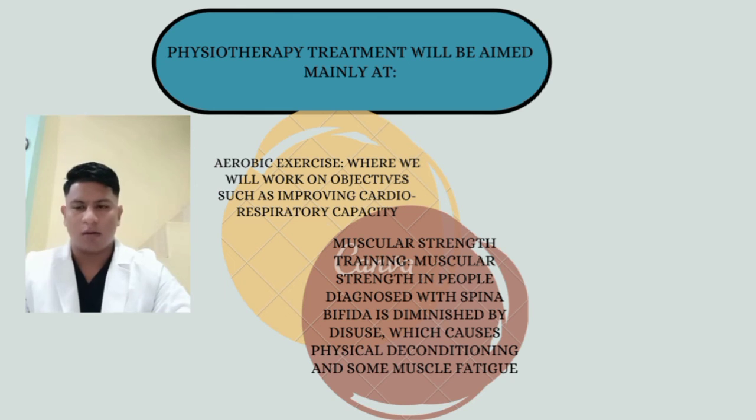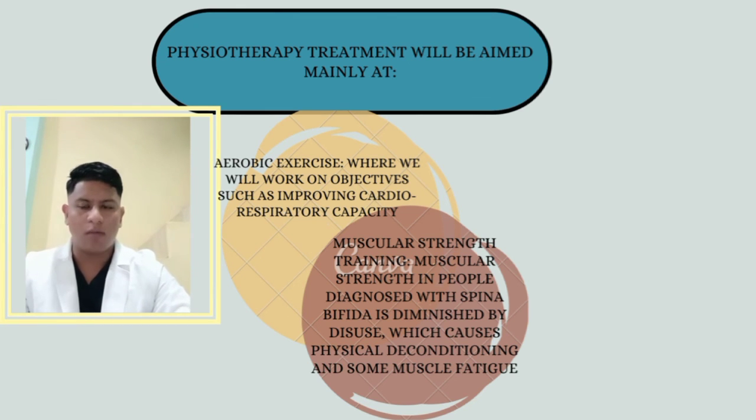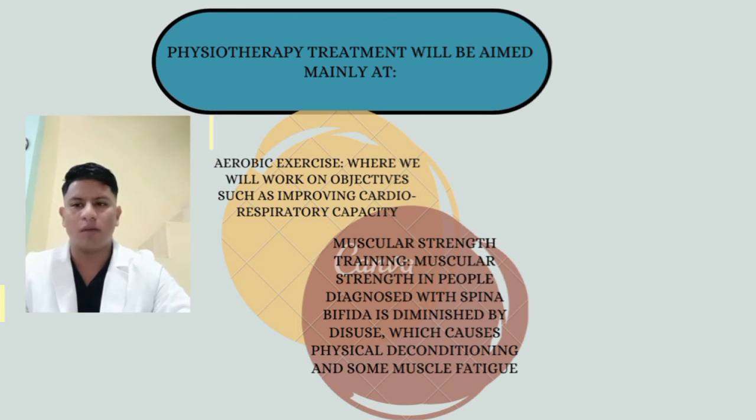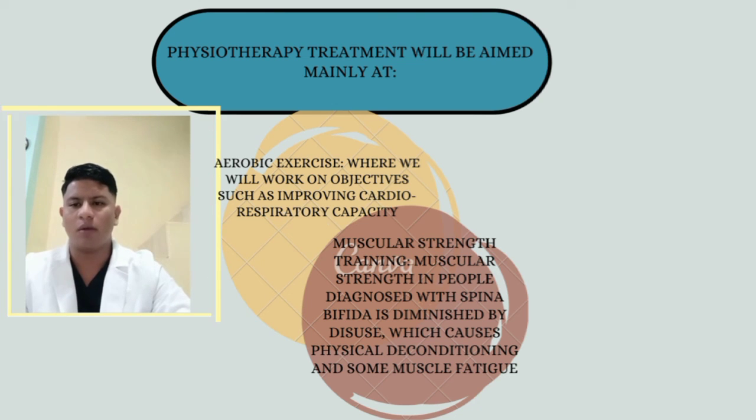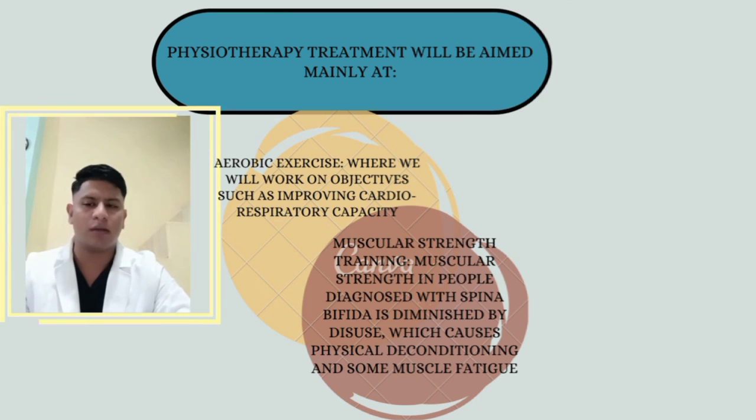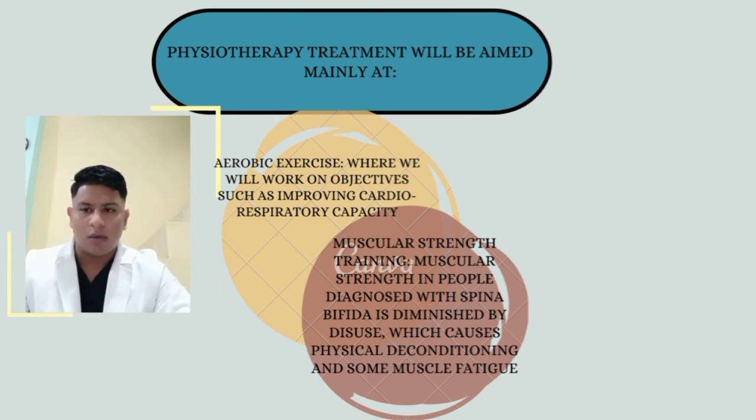Aerobic exercise, where we will work on objectives such as improving cardiorespiratory capacity, reducing the feeling of fatigue, increasing walking speed, increasing functionality, and consequently improving the quality of sleep, adaptation and inclusion in their environments, such as in school.